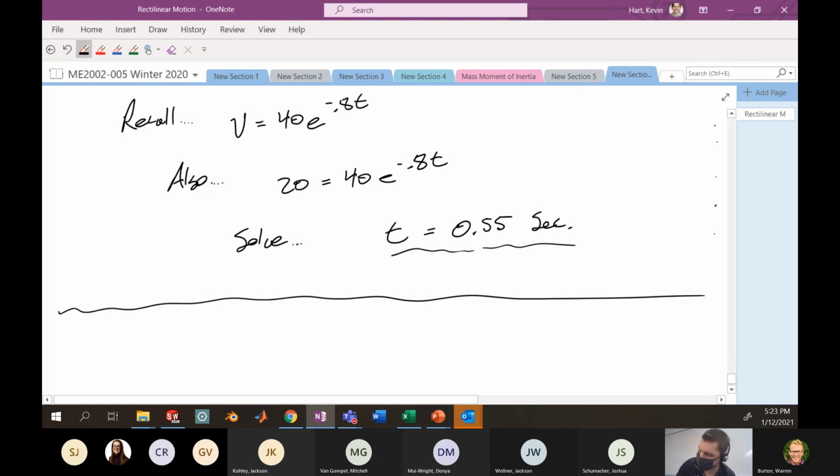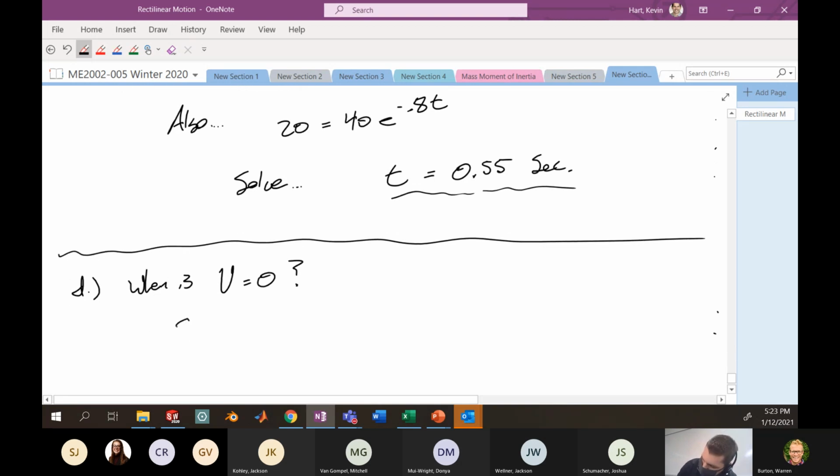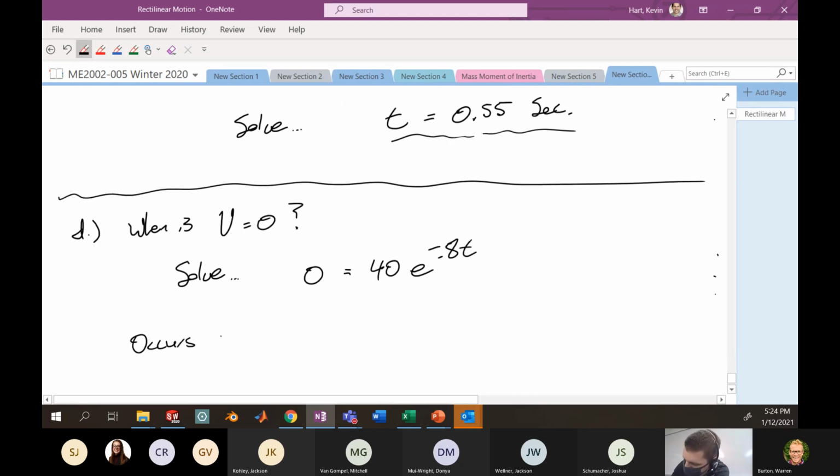Okay, finally part D. Similar idea here. But here we want a final velocity of 0, given our general expression for the velocity. At what value of t does this actually happen? Okay.